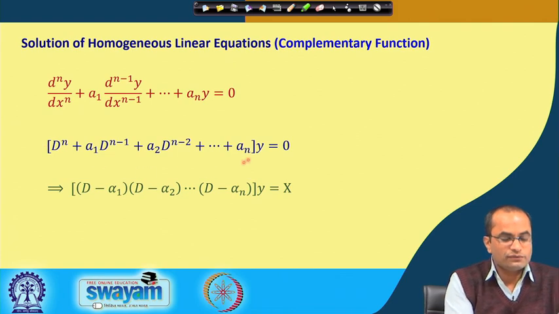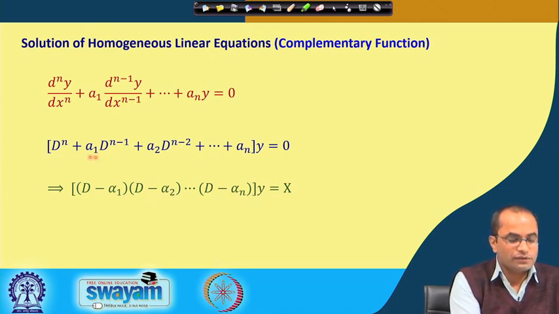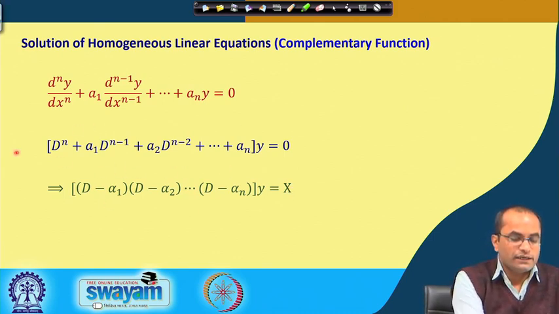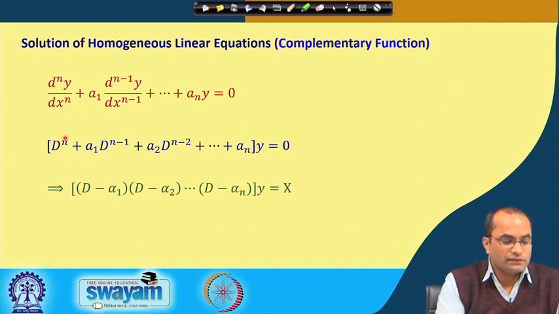So, we can indeed factorize this and write it in the form D minus alpha 1, D minus alpha 2, up to D minus alpha n. This is the factorization of this portion with the operator, applied on y equal to this x, and we have proved in the last lecture that this is exactly the same as having the nth order derivative plus a 1 times the n minus 1th order derivative and so on.